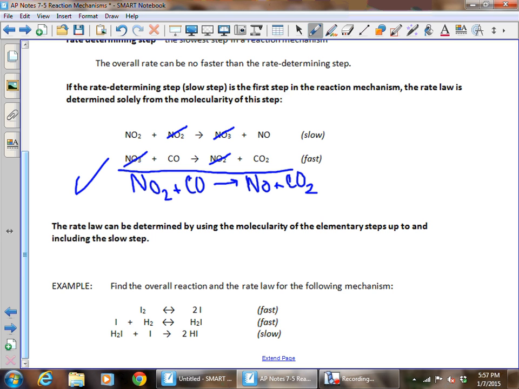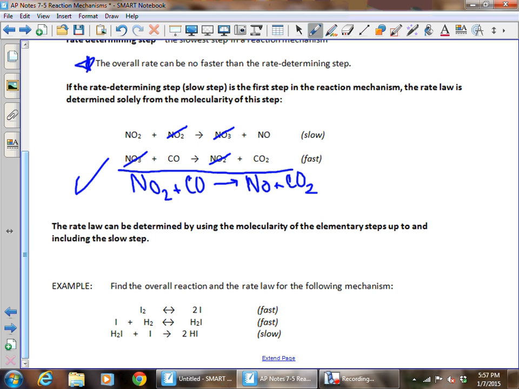And that's the same way with our rate. We cannot get a reaction rate that goes any faster than our slow step. The overall rate can be no faster than the rate determining step. So that's the definition for rate determining step.